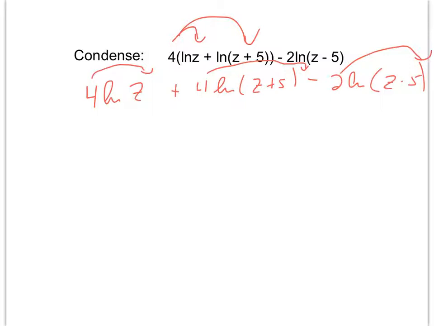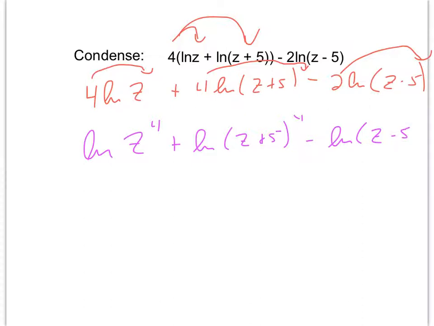So I have, in other words, ln z to the 4th plus ln of (z plus 5) to the 4th minus ln of (z minus 5) squared. And now I'm going to use my product property to condense those.